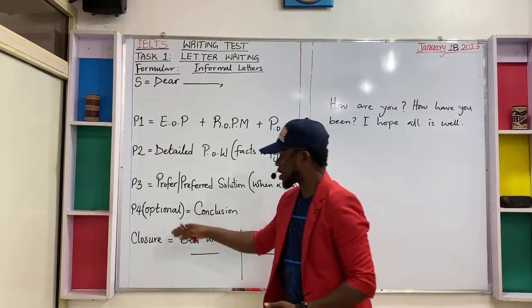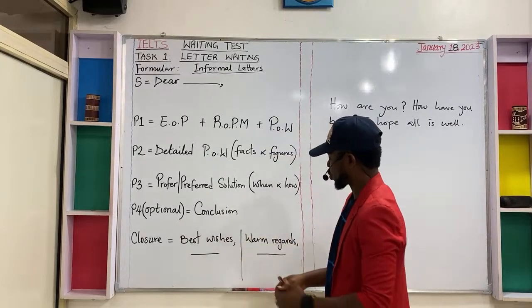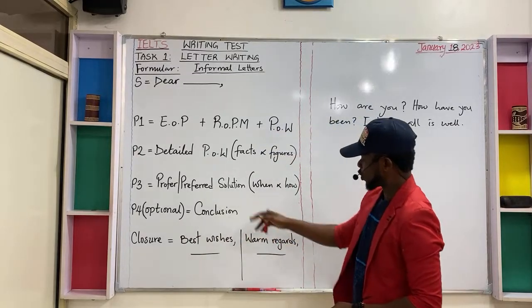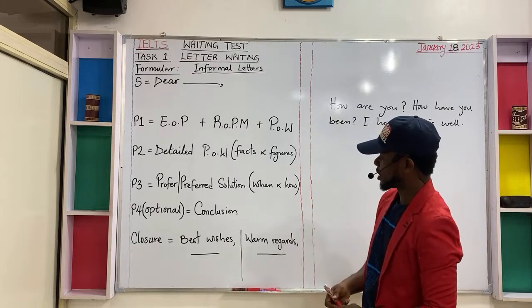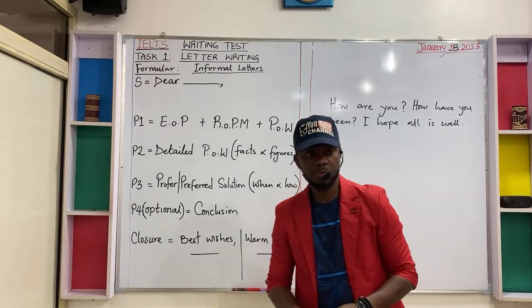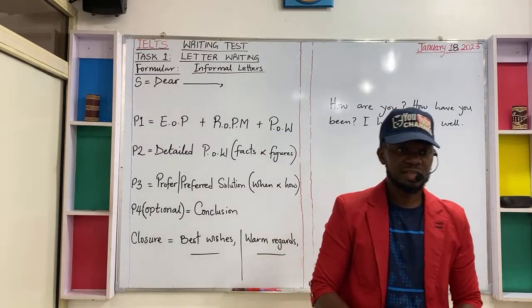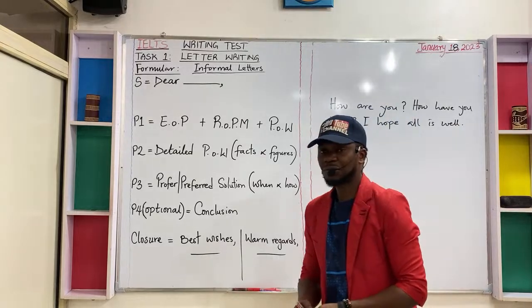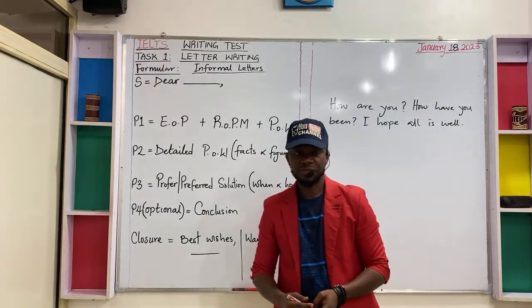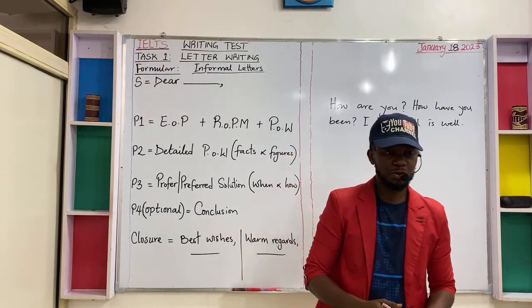Then your 4th paragraph, you're talking about conclusion. So your conclusion for informal letter you're simply expressing, thank you so much, Mom. You've always been there for me at all time, whenever I need you. Now, this will be a very memorable day for me, and I look forward to seeing you.